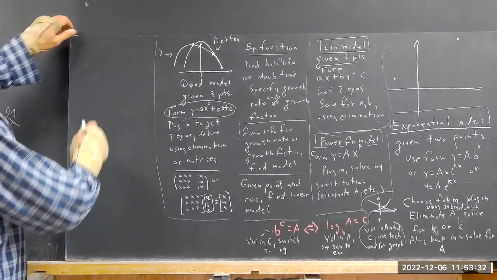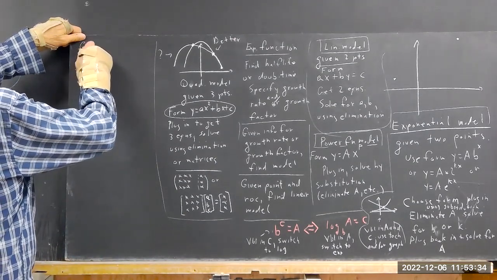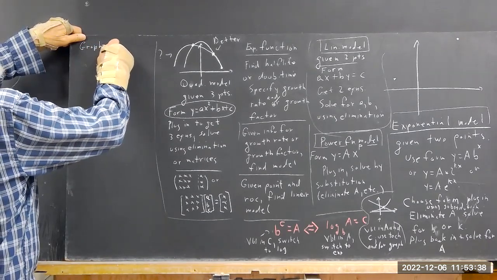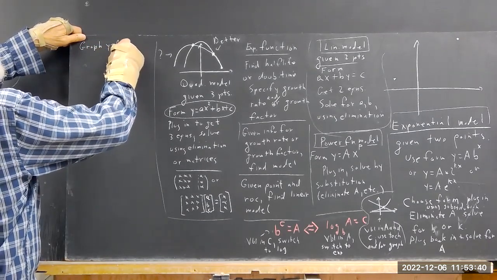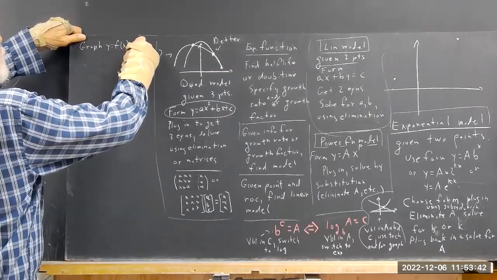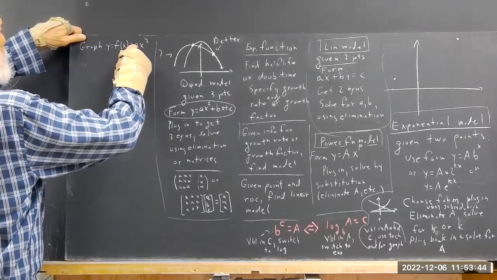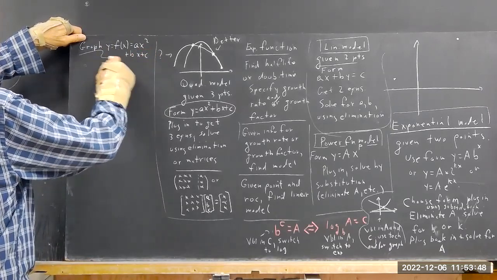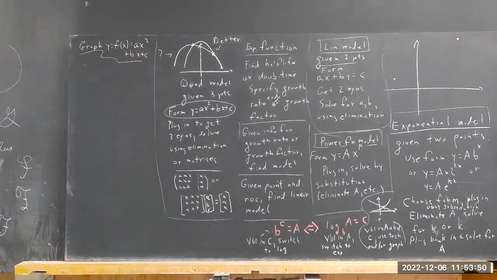Graph a quadratic function. How do we graph this equation?